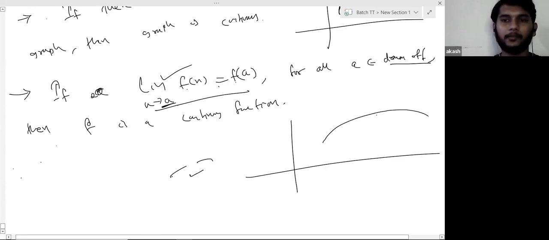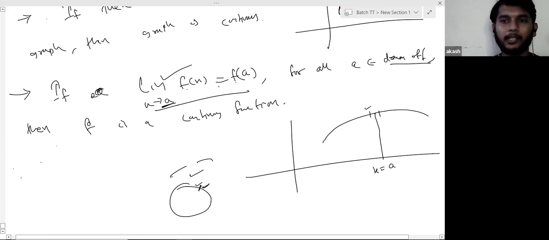Suppose this is a graph. We are checking the continuity at x equals a. We are trying to find if at x equals a this function is continuous or not. So what do we want to check? The neighborhood points. If this is the watch, here is the break, and the neighborhood points must be broken.